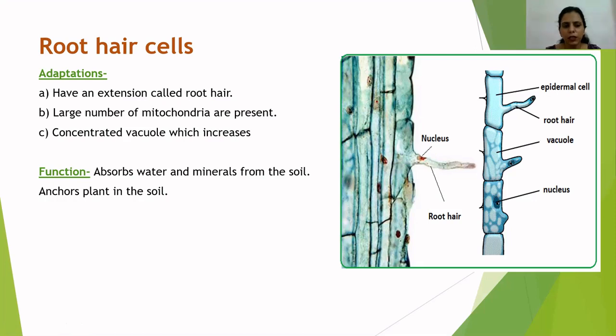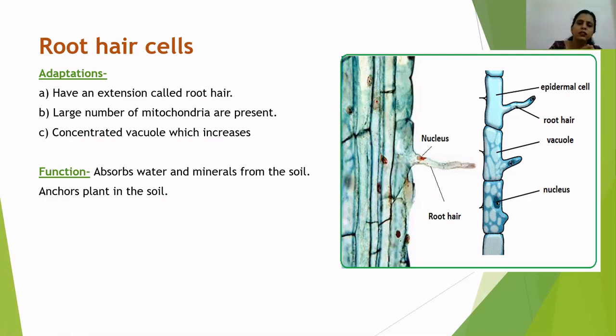The meaning of this is that inside the vacuole more salt, sugar, or any kind of waste product is present, so that the water potential decreases. So the amount of water present inside the vacuole decreases because more salt, minerals, sugar, waste product, hormones and enzymes are present inside the vacuole.